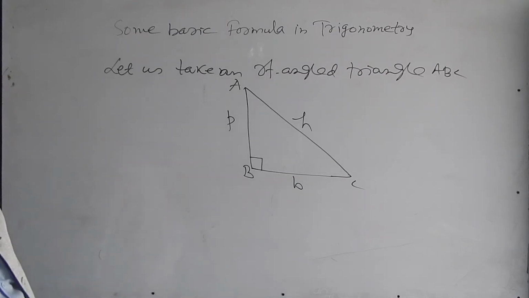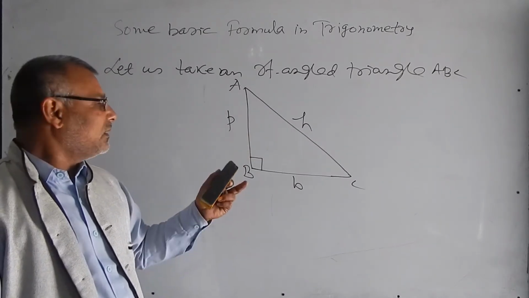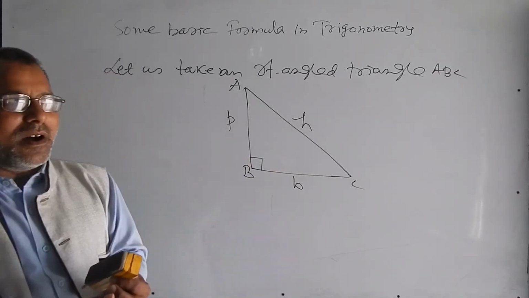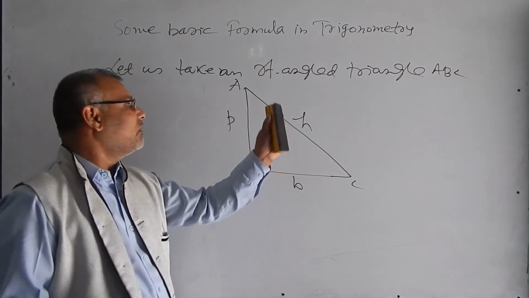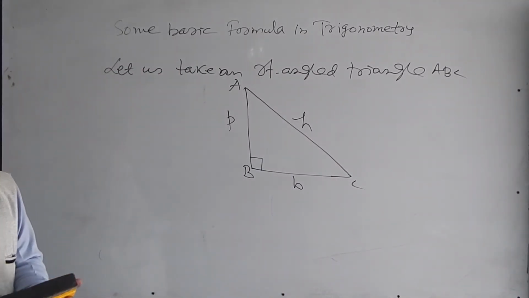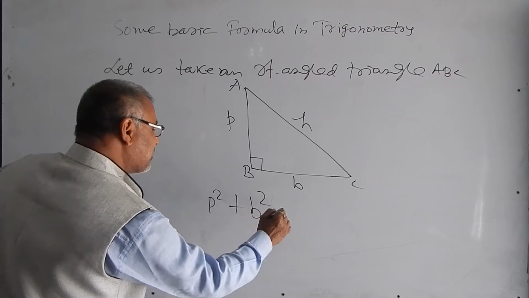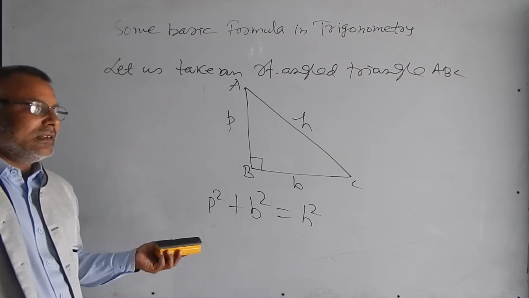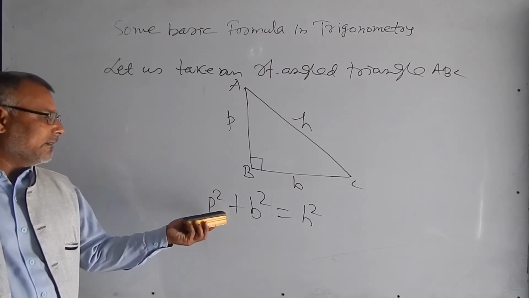In the Pythagoras theorem, what we have learned is that the square of perpendicular and the square of base, if we add, means the sum of the square of perpendicular and the square of base, is equal to the square of hypotenuse, and that is the Pythagoras theorem, and thus we can write P square plus B square is equal to H square. This is the basic formula in geometry.